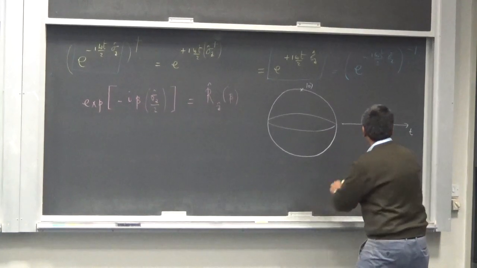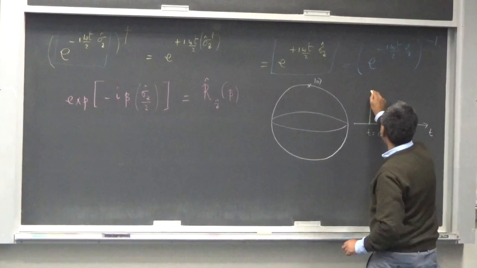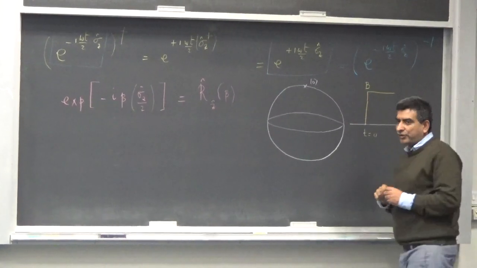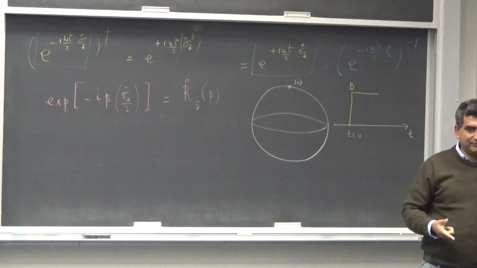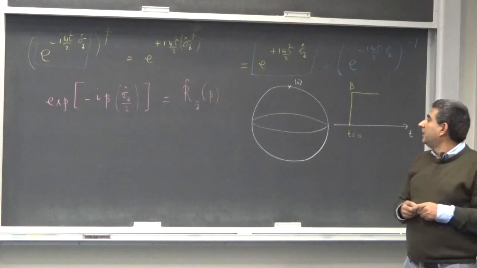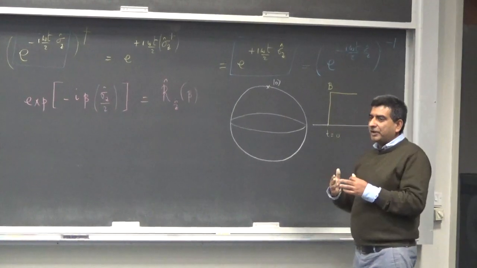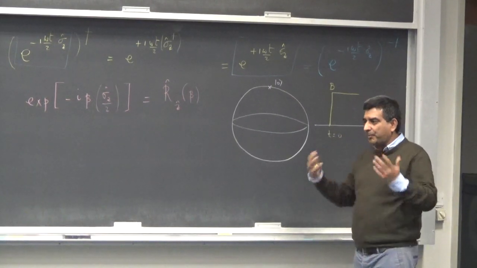And what I do is at time t equals 0, I switch on a magnetic field, some B. Corresponding to that B, there is going to be some frequency, omega. Now, when that B is switched on, a new Hamiltonian becomes operative.